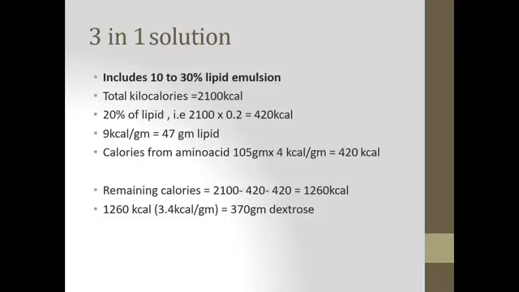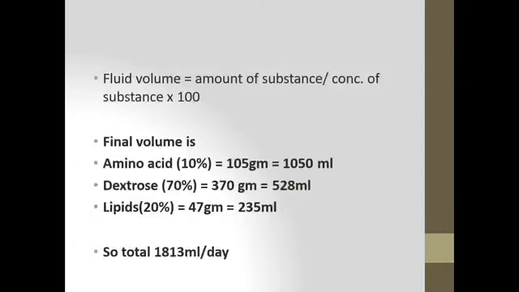So we have to calculate that the glucose is provided at 60 or 70%, the lipid at 20%, and the protein at 10%. This slide shows how much we are giving. We give 10% amino acid, 70% dextrose and 20% lipids. We calculate 1800 kilocalories per day.